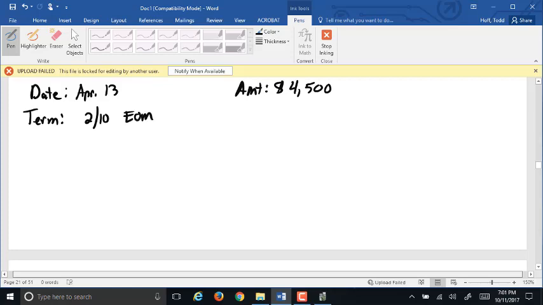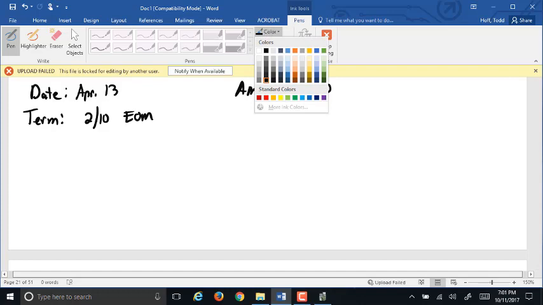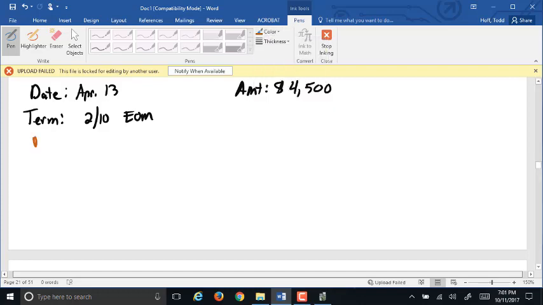Notice there's no net 30 because the EOM implies net 30. Find the amount paid on May 9th.